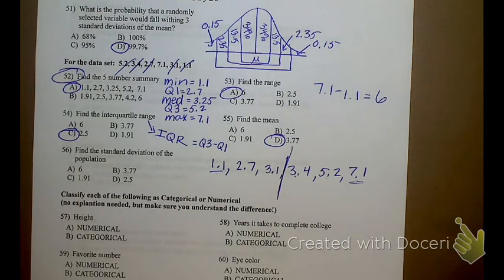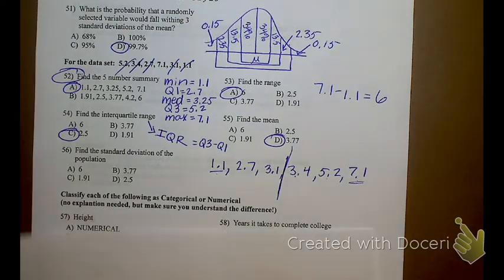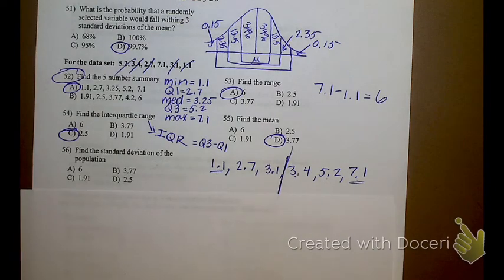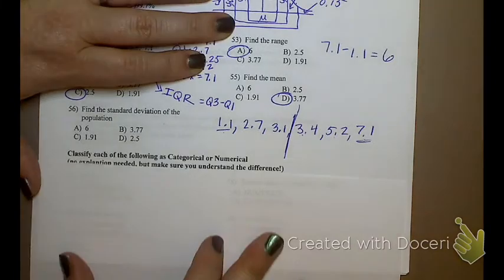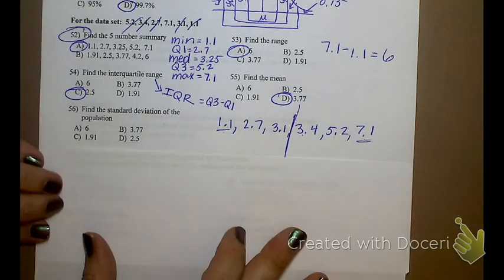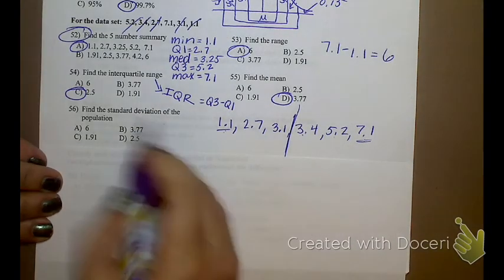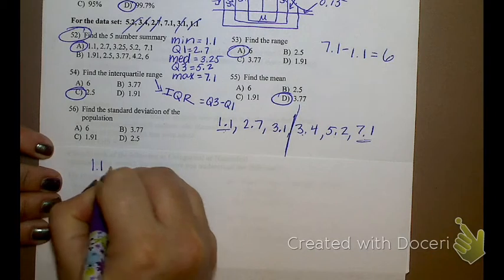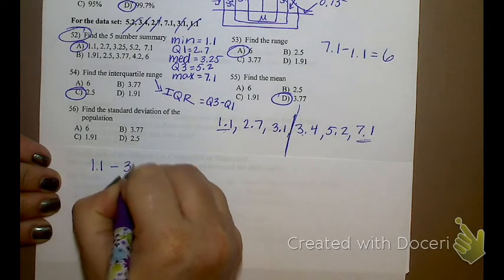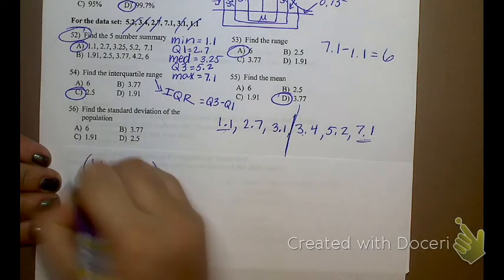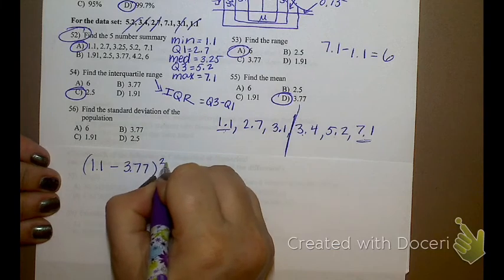Standard deviation. It says find the standard deviation of the population. Population is a little bit easier. But how do I find the standard deviation of the population? Well, the first thing I have to do is take each one of these numbers and subtract the mean. Remember that? And then I'm going to square it.